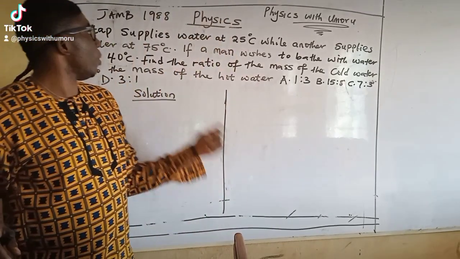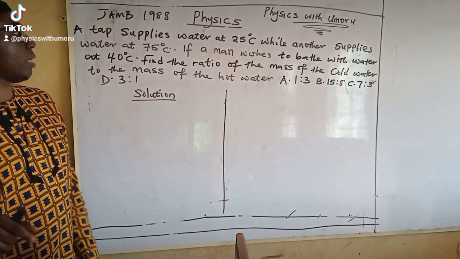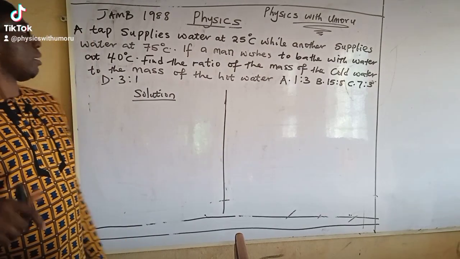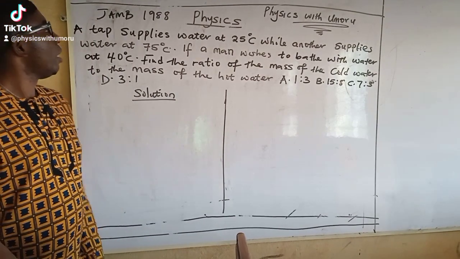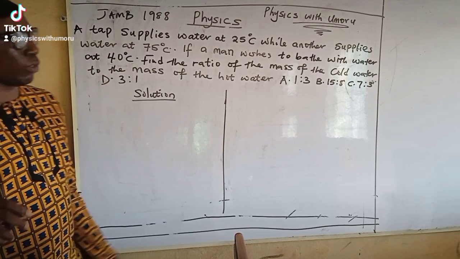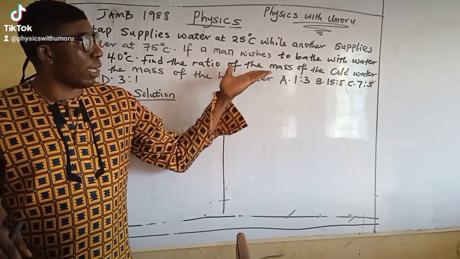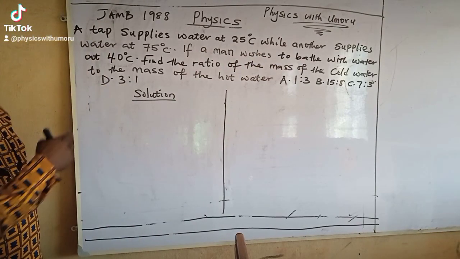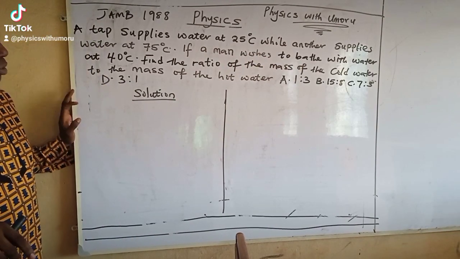Here on the board we have a JAMB question, JAMB 1988. It says a tap supplies water at 25 degrees Celsius while another supplies water at 75 degrees Celsius.